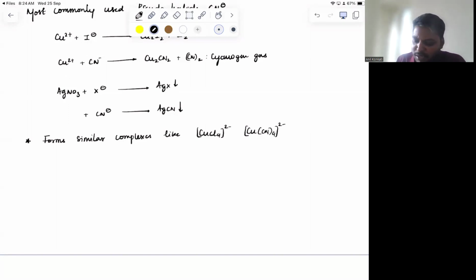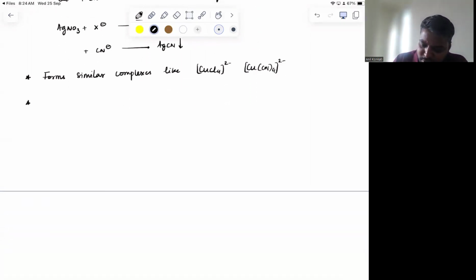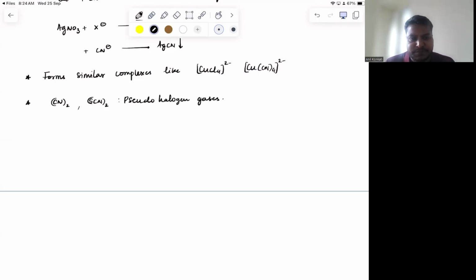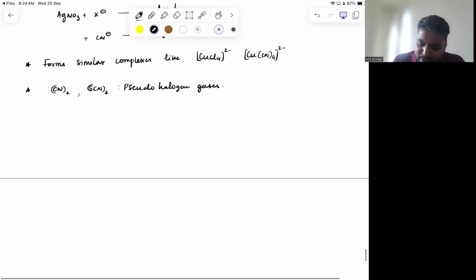Clear? Now, if you have (CN)2, (SCN)2, these kinds of forms, which are like X2, like F2 and Cl2, these are called pseudo halogen gases. Clear? Lastly, disproportionation.